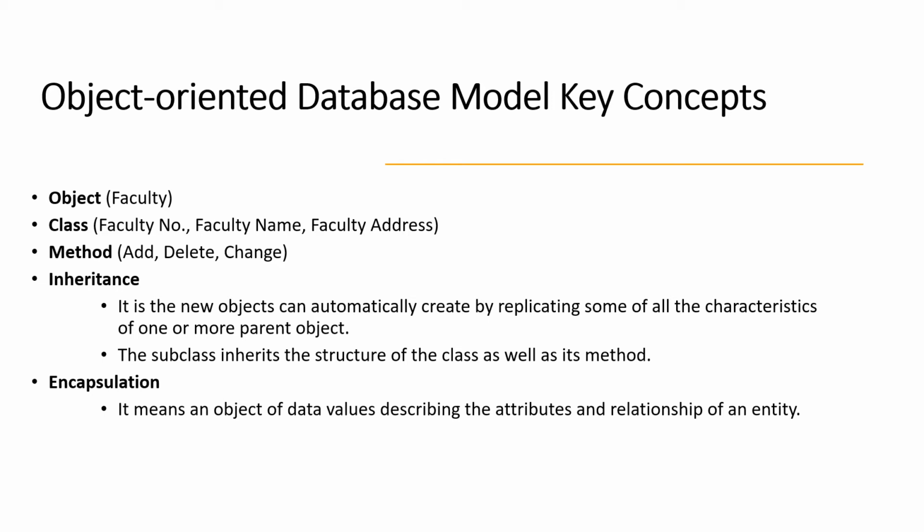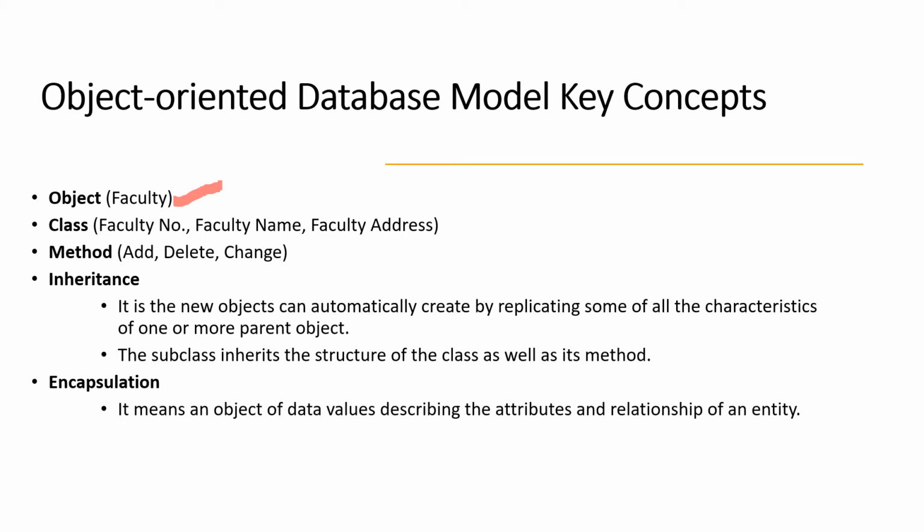The key concepts are the object. If you say object, it is some of the data along with actions that can take place on the object. An example of this is faculty.